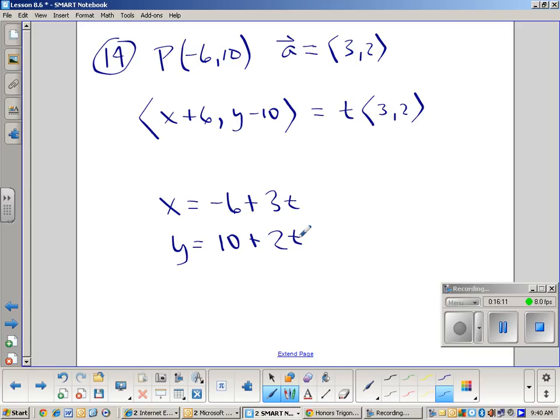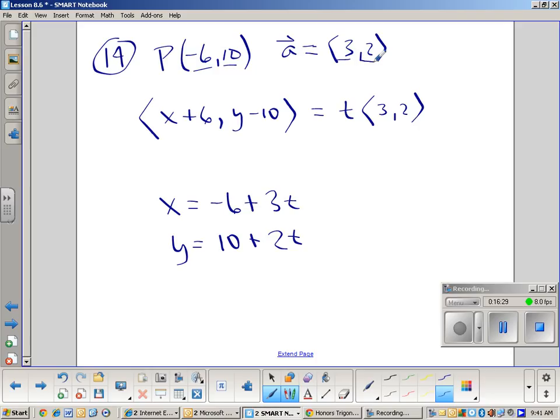That's correct. So what he's saying is point 1 plus t times a1, and then point 1 plus t times a2. Okay, I see what you mean.